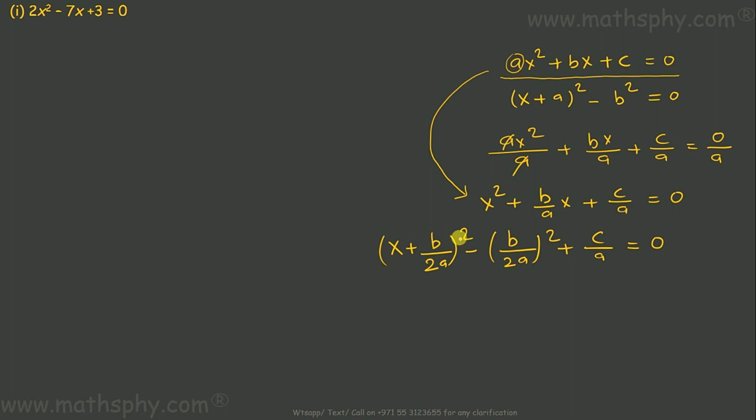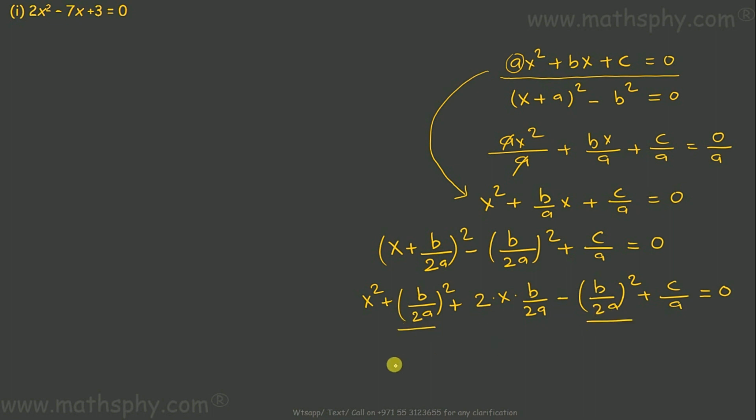This is (a plus b) whole square, so this will be a squared plus b squared, meaning (b over 2a) whole square, plus 2ab, 2 into x into b over 2a. (x plus b over 2a) whole square becomes this, a squared plus b squared plus 2ab, minus this here, (b over 2a) whole square, plus c over a equals 0.